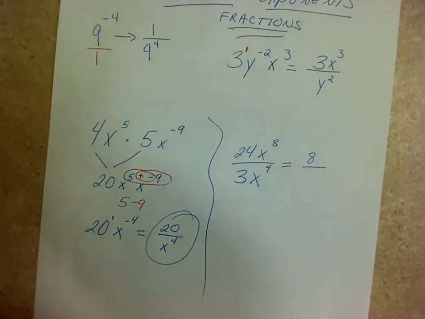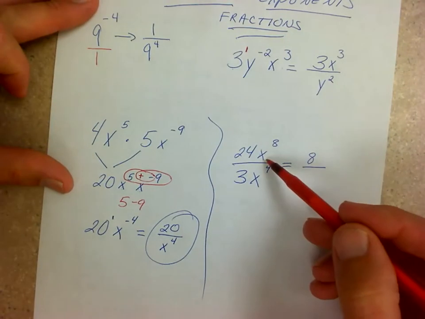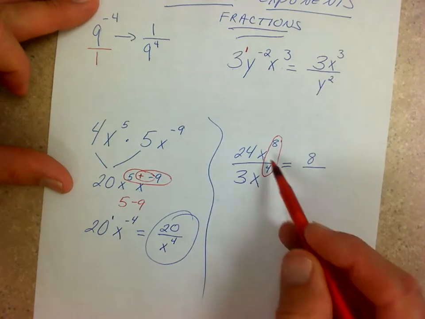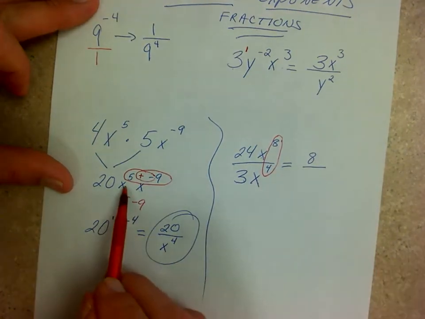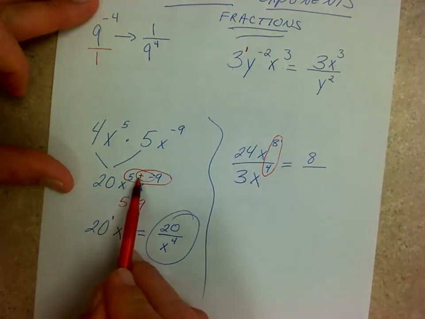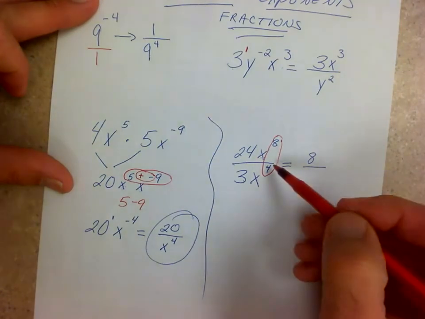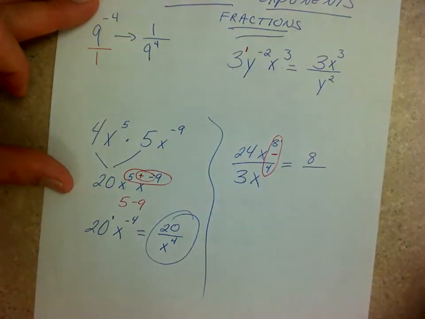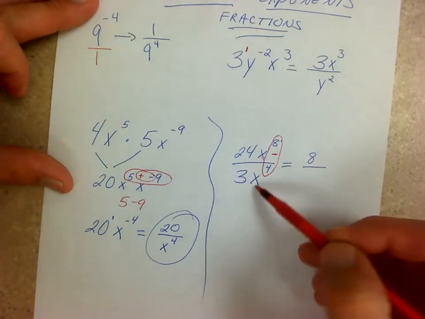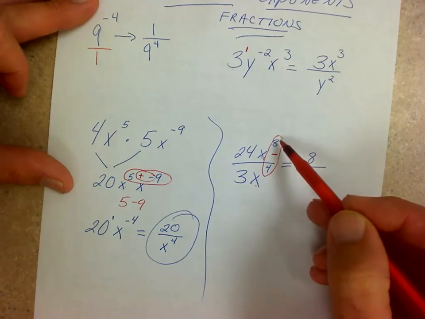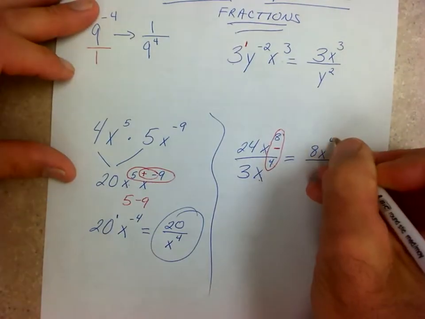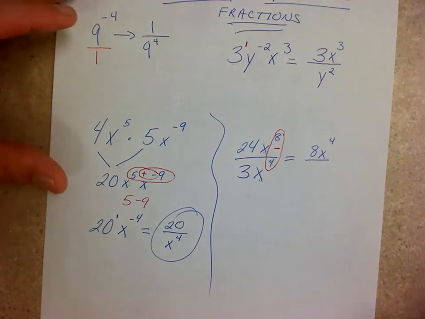As we discussed in class today, if the bases are the same, which they are here, the two x's, and we are multiplying them together, we're allowed to add our exponents. If we are dividing, we are going to subtract our two exponents. So bases are the same, we can subtract our powers. 8 minus 4 would leave us with x to the 4th power.